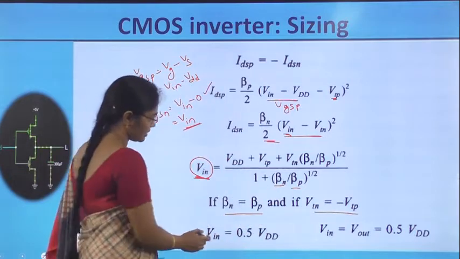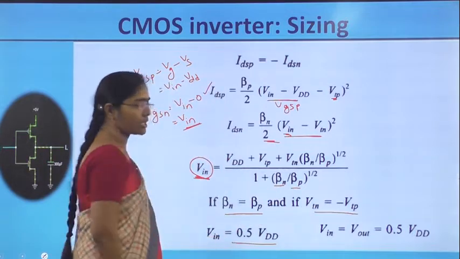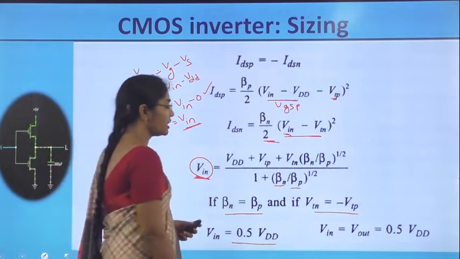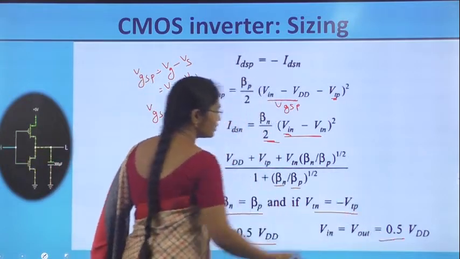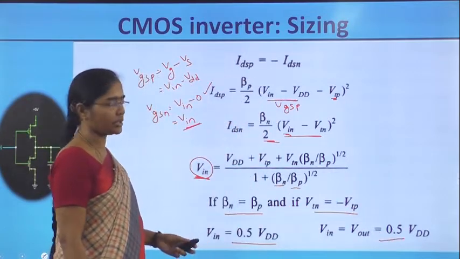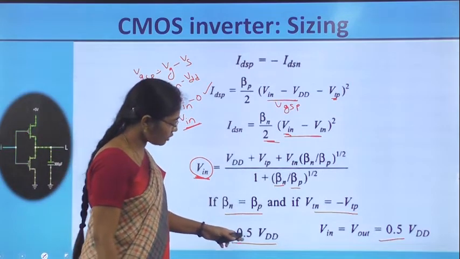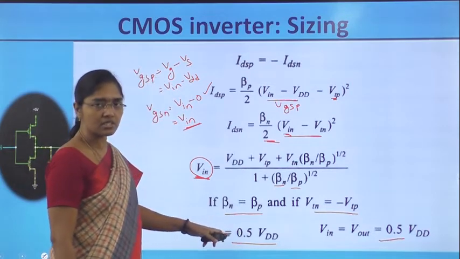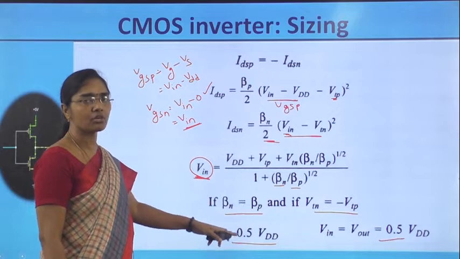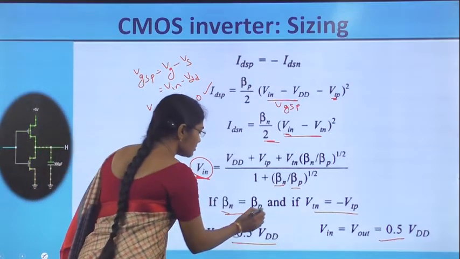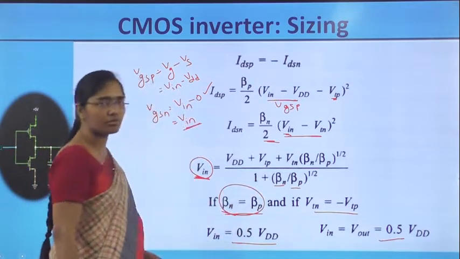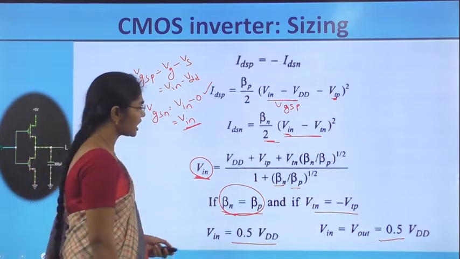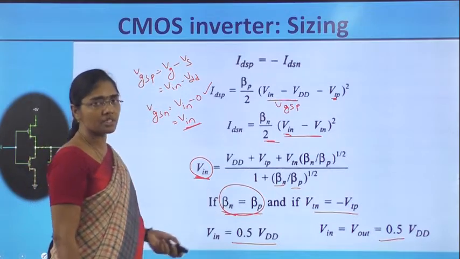Then we can get Vn is equal to 0.5 VDD. Therefore, Vn is equal to Vout is equal to 0.5 VDD. So, to get this symmetric value of Vin, Vout at 0.5 VDD, our assumption is beta n is equal to beta p and Vtn is equal to minus Vtp.